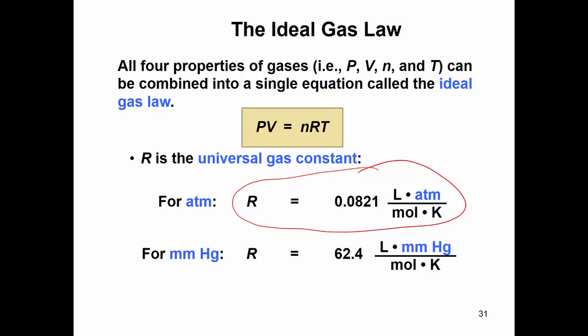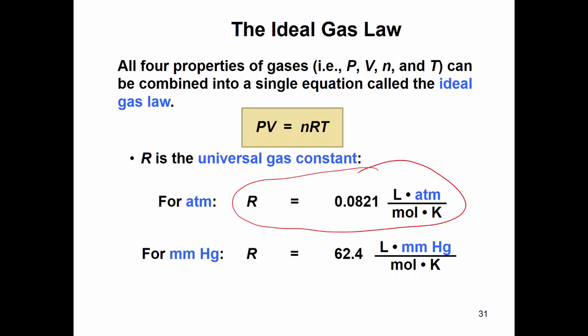What I tell my students is, if you forget what your units are supposed to be when you're doing these equations, go look at R, because your units need to match up with R. So liters, atm, moles, Kelvin. Volume has to be in liters, pressure in atm, quantity in moles.